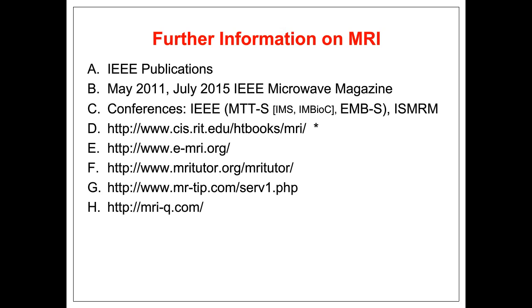There is a Society for Magnetic Resonance in Medicine, ISMRM. That is a very interesting society where you see truly the multidisciplinary nature. It's a conference for physicians, for radiologists, for RF engineers, physicists, chemists, very interdisciplinary. Plus there's a number of web links that have much more detail on some of the topics I've talked about.